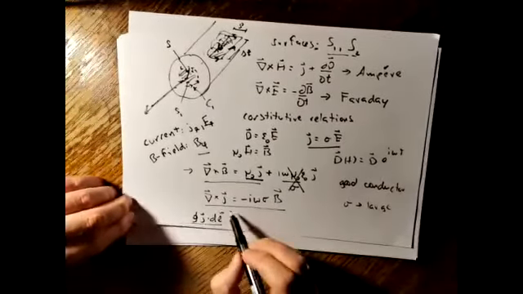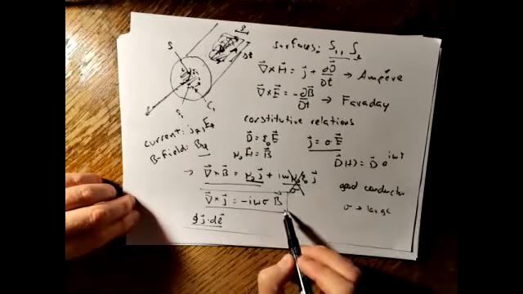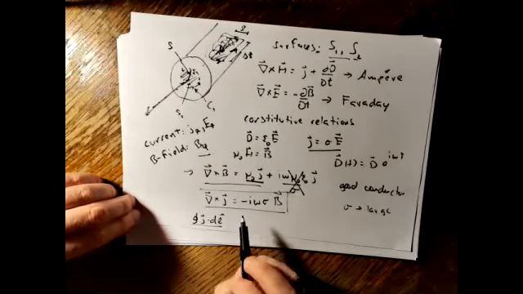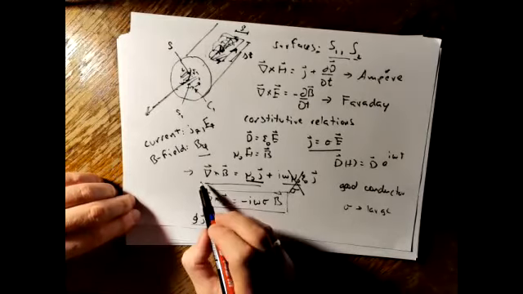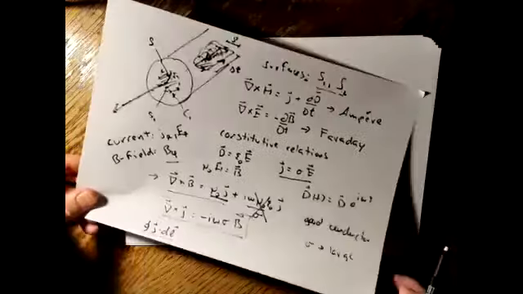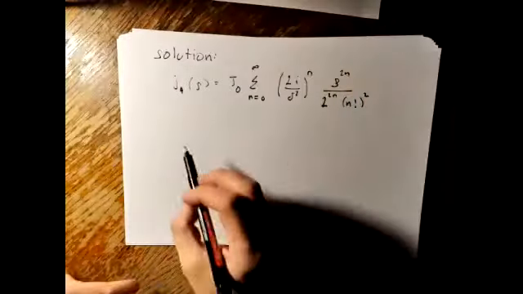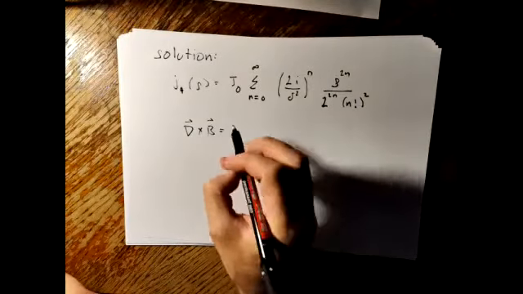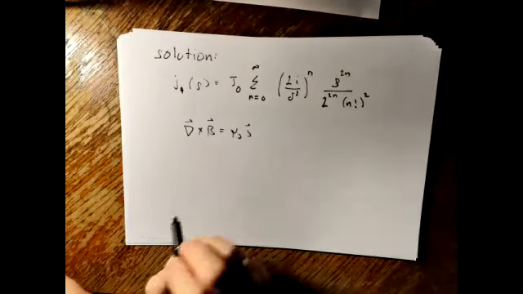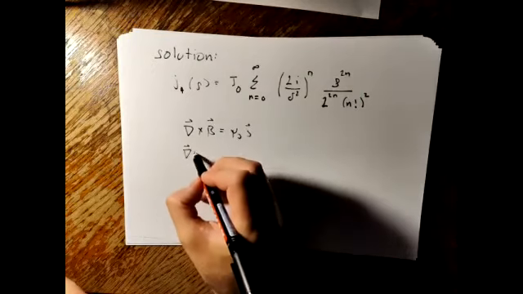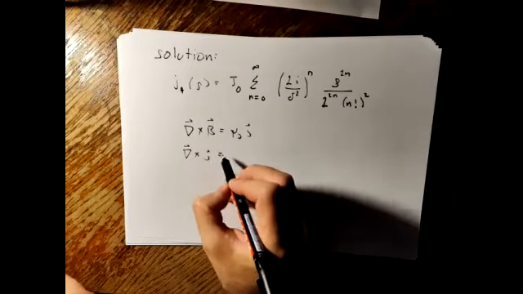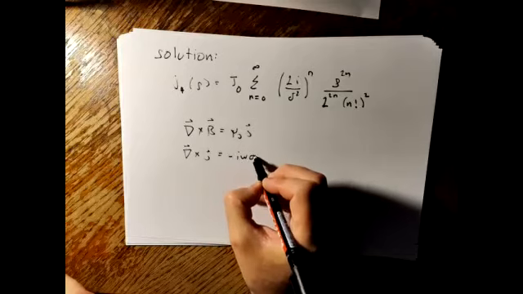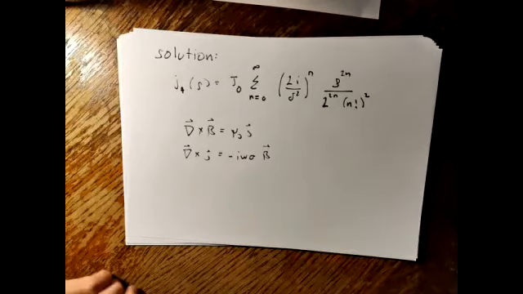Here you have curl of J related to curl of B, and you also have curl of B related to J. Let me write those equations again. You could solve it another way: mu 0 J minus I omega sigma B. I'm not going to solve it, I'm just going to outline this.